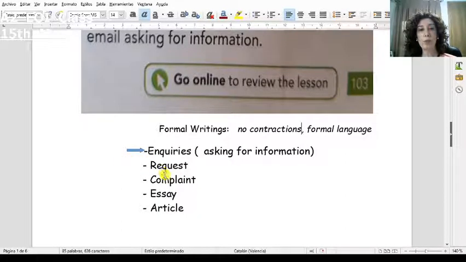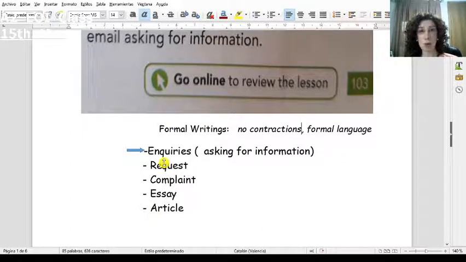There are also, for example, requests. Request is also asking for something in a very formal way. Also, you ask for a favor or ask something from an institution, okay? Asking them to send you an application, okay? It would be similar. A complaint, when you want to complain about something, a formal complaint, it's a formal writing. An essay is also formal. And writing an article is also formal. This, request, complaint, essay, and article is more a B1 level.